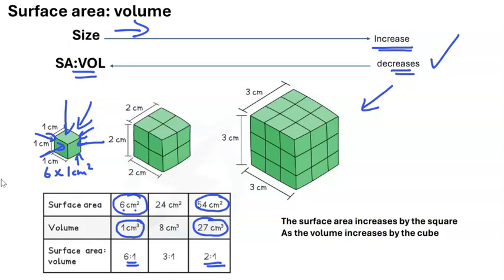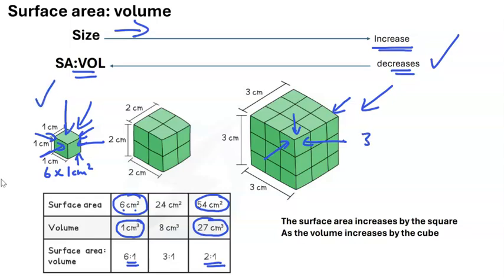But what does this actually mean for the organism which has got larger? Well, let's look at the cells on the surface, or the sections of the organism on the surface. If we take one of the units on the corner, we have 1, 2, 3 exposed surfaces for the 1 unit of volume, unlike the original one, which had 6 surfaces.